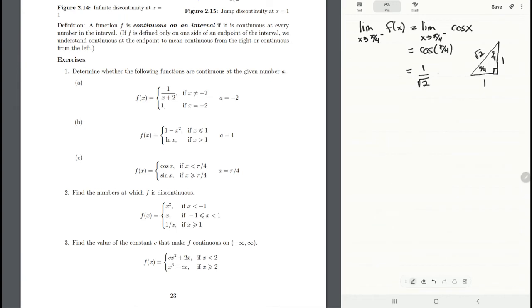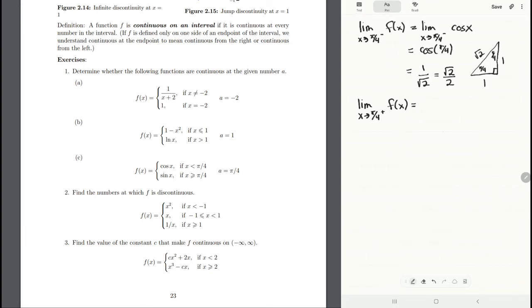And if you want, we can rationalize this to root 2 over 2. So now let's also look at the right-hand limit. So let's approach x from the right of pi over 4.